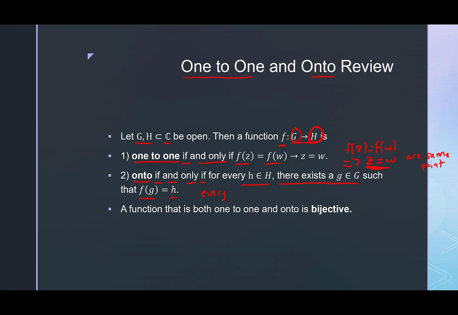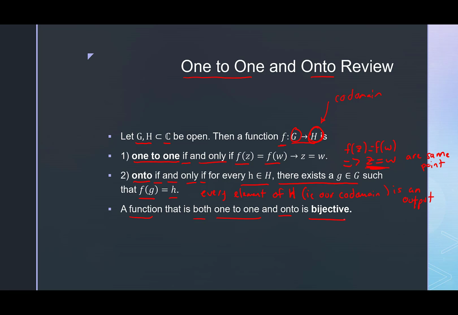So every element of H, and this is our codomain, is an output. Okay, and then finally, a function that is both one-to-one and onto is what we would call a bijective function.